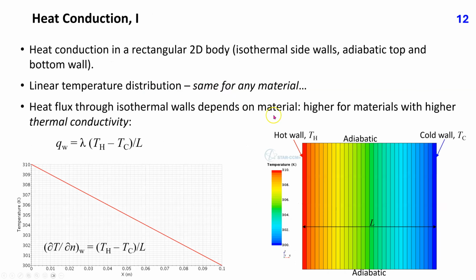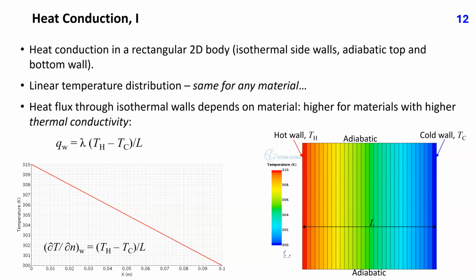This plot shows temperature distribution from computing heat conduction in a rectangular 2D body with isothermal side walls and adiabatic top and bottom walls. The temperature distribution is linear, and the same result would be obtained for any material. What differs depending on material is the heat flux through isothermal walls.